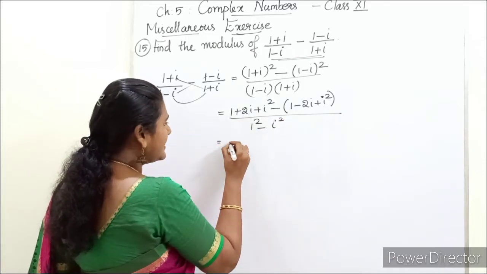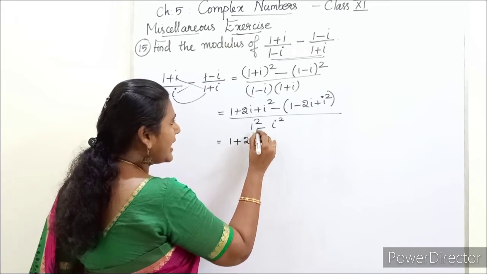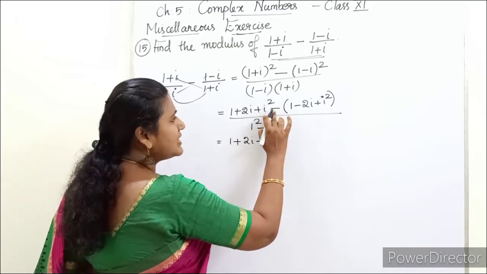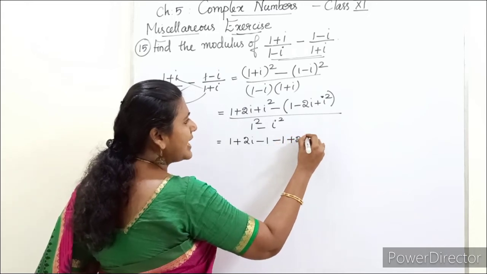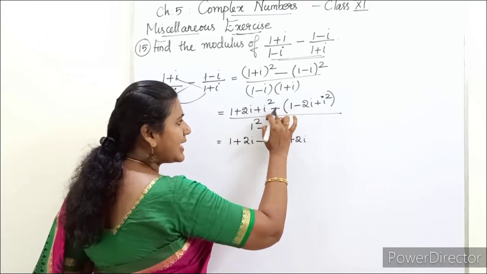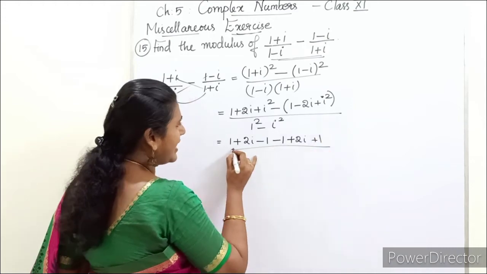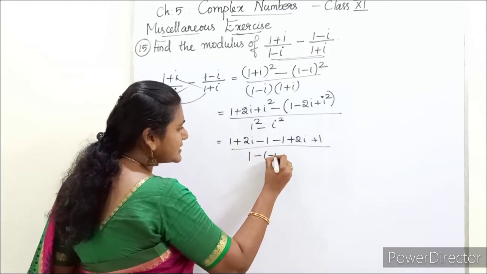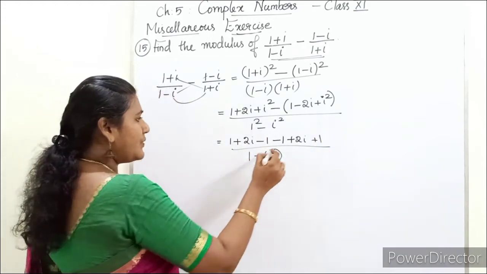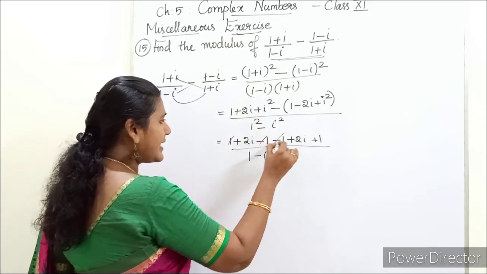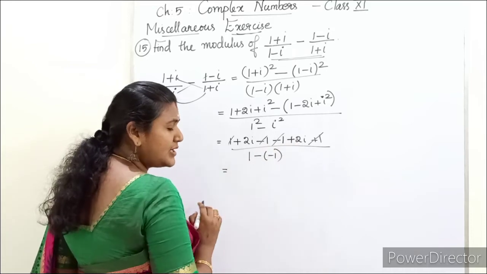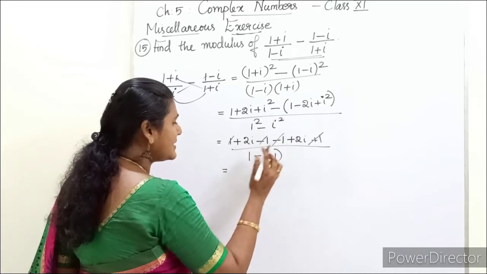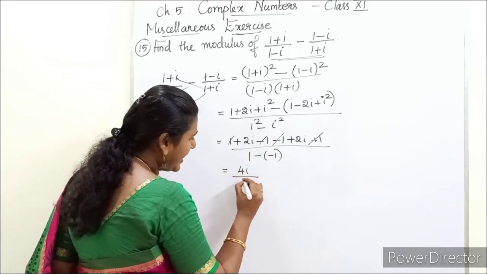Now we will simplify this. So 1 plus 2i, this is minus 1, with the minus sign we will multiply. So minus 1 plus 2i, this minus 1 and this 1 will become plus 1, divided by 1 minus minus 1. So if you see here, these terms will get cancelled and you will have only the imaginary part in the numerator, that is 2i plus 2i, that is 4i by 2.